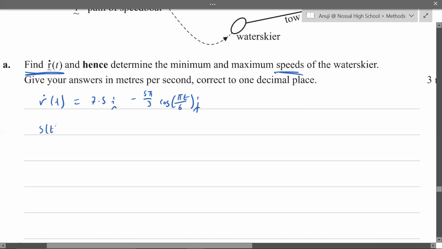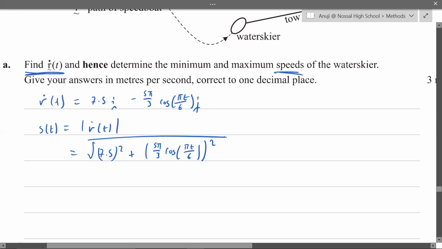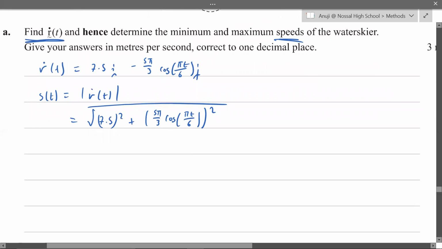And to get speed, you just mod the velocity so that it becomes a scalar value. So 7.5 squared plus 5 pi on 3 cos pi t on 6, whole squared. And you can simplify this on your CAS to 5 on 6 square root of 4 pi squared cos squared pi on 6 t plus 81.